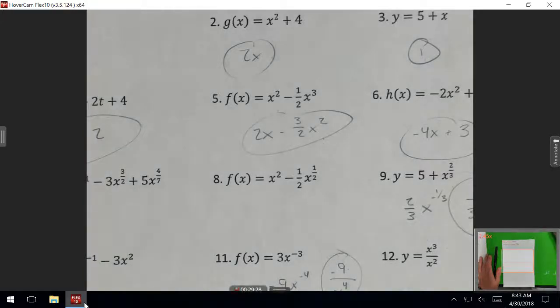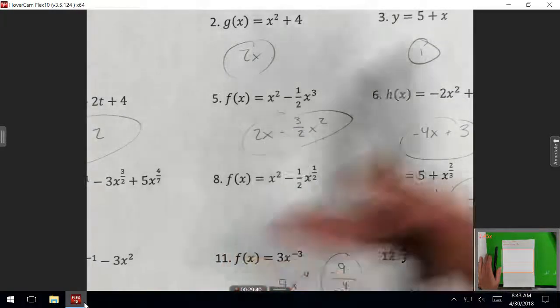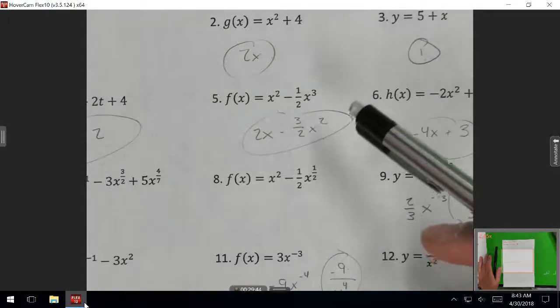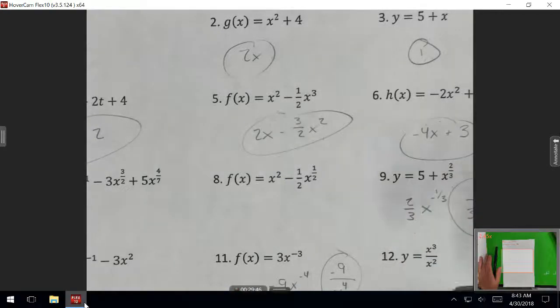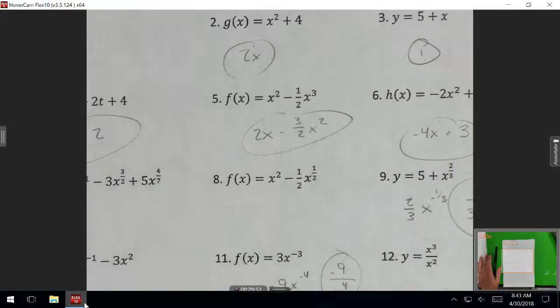Let's go. So it'd be 2x. Then, why is it 2x? So 2 times 1, and then 2 minus 1 to the first power, so 2x minus, then 3 times negative 1/2 is negative 3/2, then 3 minus 1 is 2, so x squared.